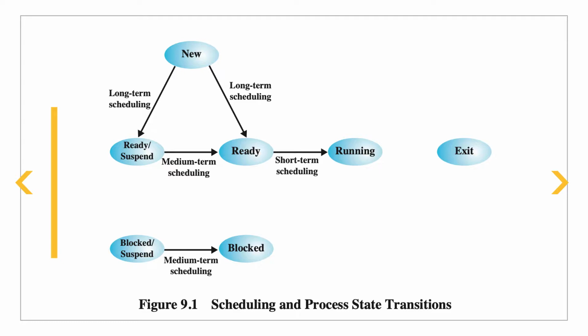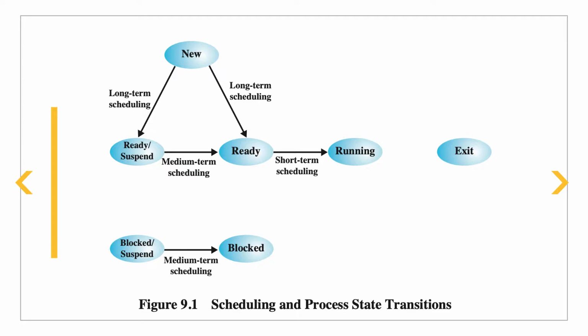If it goes into the ready suspend state, then medium-term scheduling would kick in and load it up into memory and move it over into the ready state eventually. Once these processes are in the ready state, then short-term scheduling decides which one goes to the running state on the CPU. And once again, the same thing applies as far as blocked processes.